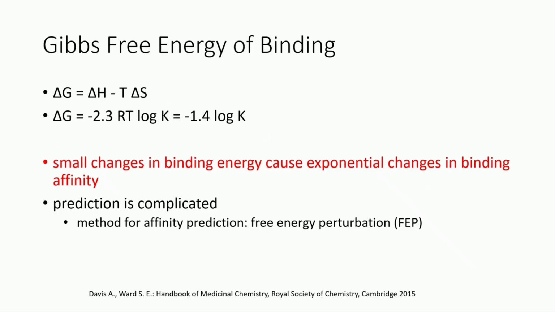And in the second line, you can see the dependence of Gibbs energy of binding and the binding affinity, like the binding constant K. From the mathematical expression, it is obvious that small changes in binding energy cause exponential changes in binding affinity represented by the constant K. The prediction of Gibbs free energy is complicated.